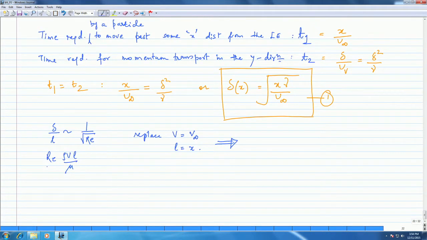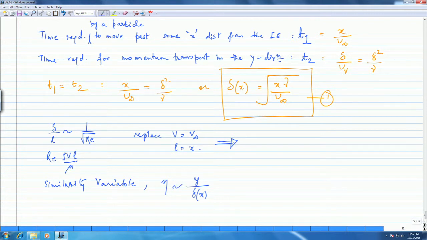So the similarity variable, that is eta, is equal to y by delta. Well, we do not know, it's a function of that, something like that.